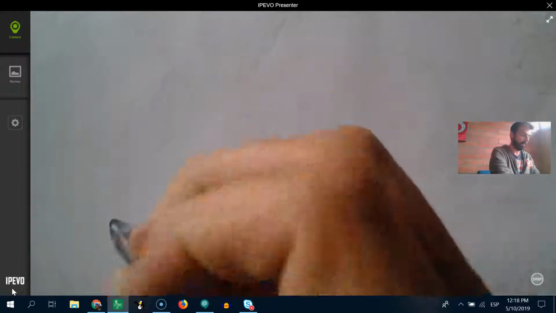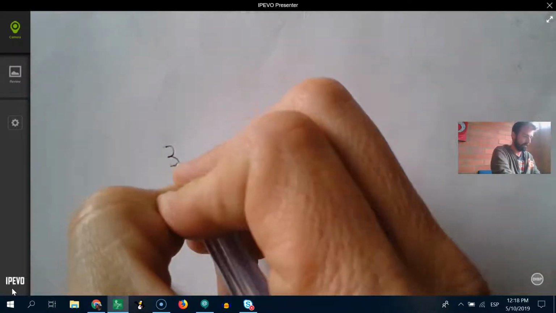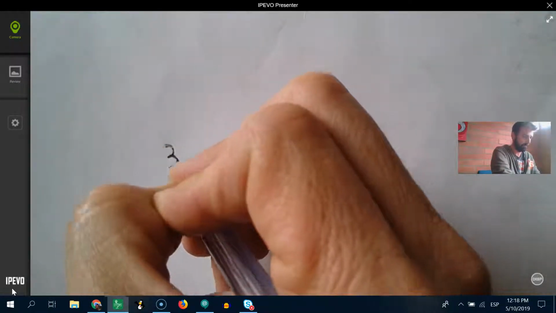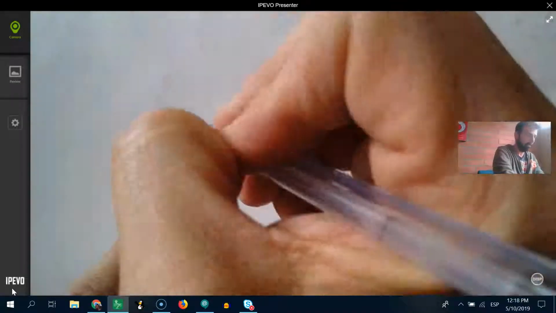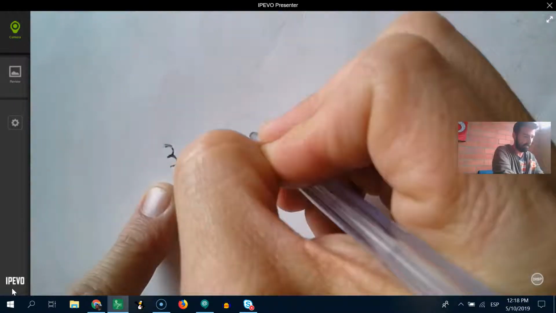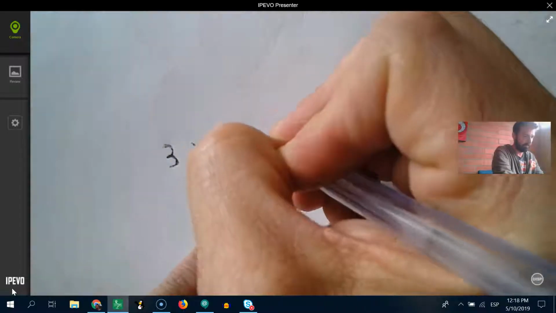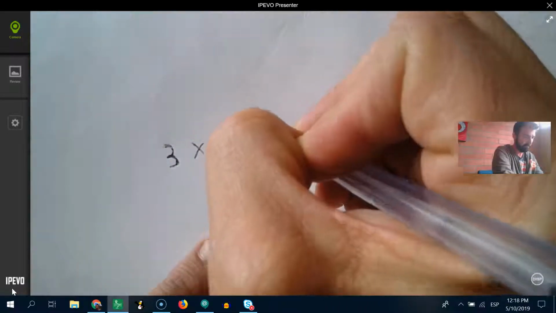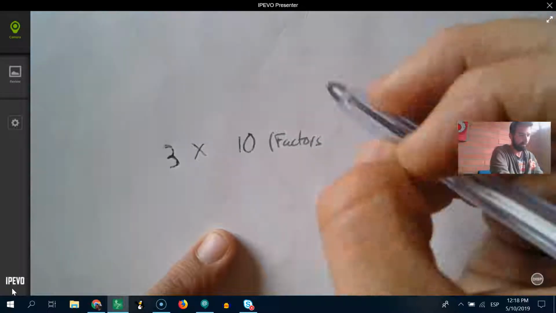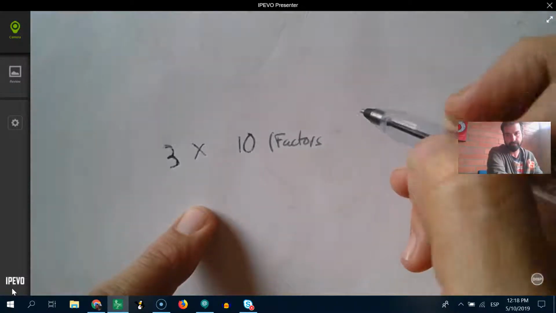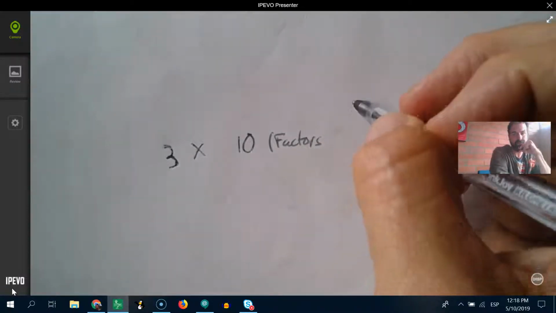All right, when I'm multiplying, I have this number 3, right? When I'm multiplying by 10 and factors of 10, how would I say that?